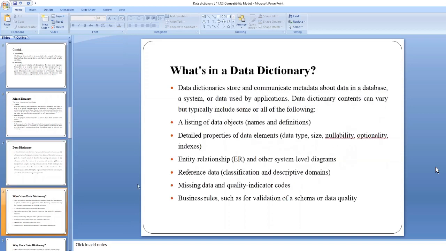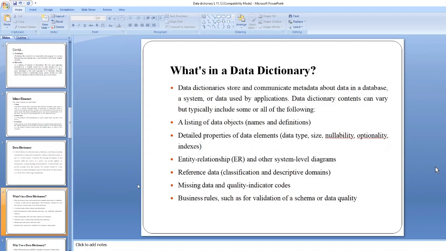What is a data dictionary? Why do we need it? What exactly is the use? We have studied its definition. Now, what's in a data dictionary? What is inside it and how can it help us? It usually stores and communicates metadata.